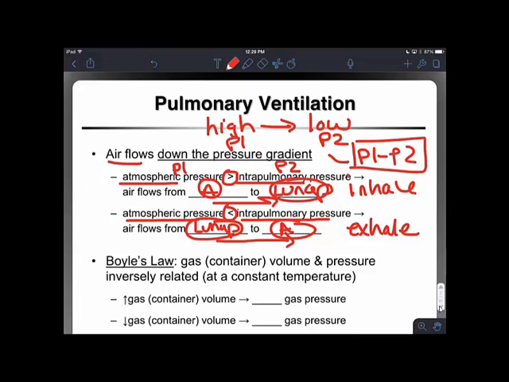Now, you have no control over atmospheric pressure. But what you do have control over is intrapulmonary pressure. The human body has the ability to manipulate intrapulmonary pressure, and by changing it, you set up a gradient that's either going to cause air to flow in or out.